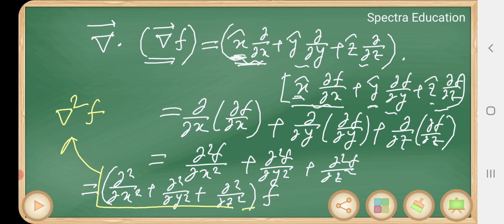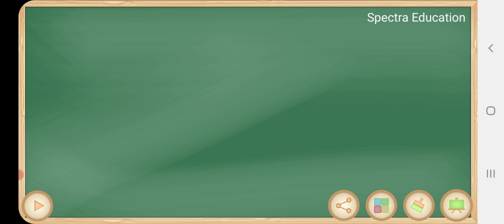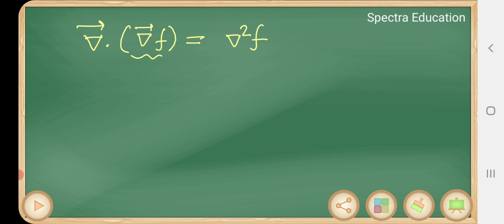So what we have found out is that the divergence of the gradient of f is nabla square f. When will this be solenoidal?